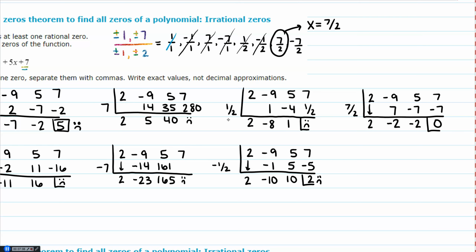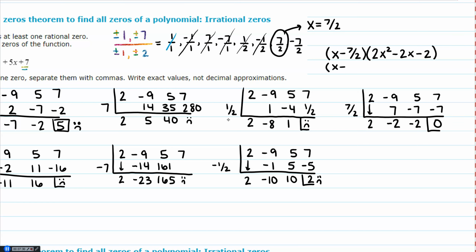Now, let's think about this. That means when we have x minus 7/2, then we have left over 2x squared minus 2x minus 2. And you see how these guys are all divisible by 2? So I'm going to factor that off.